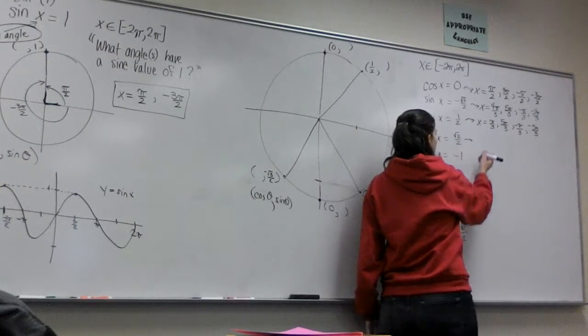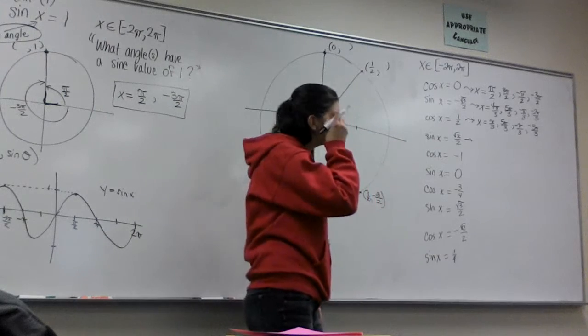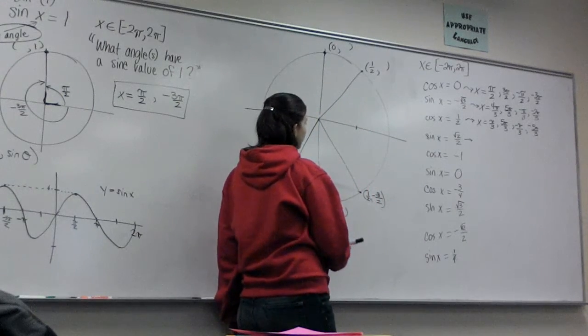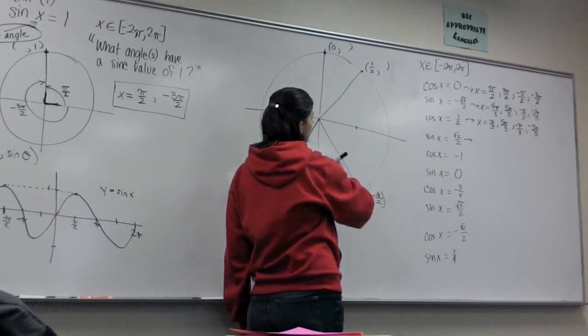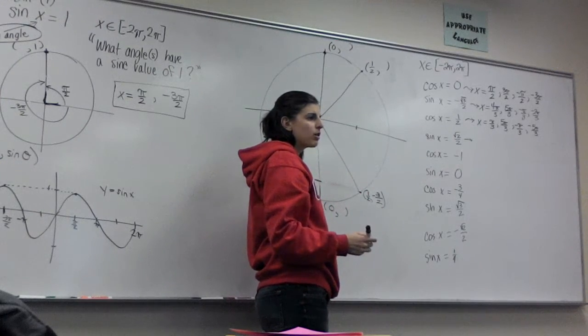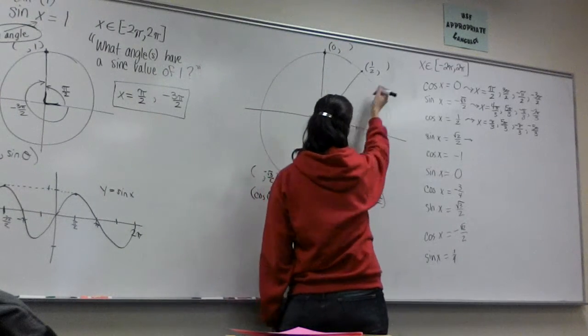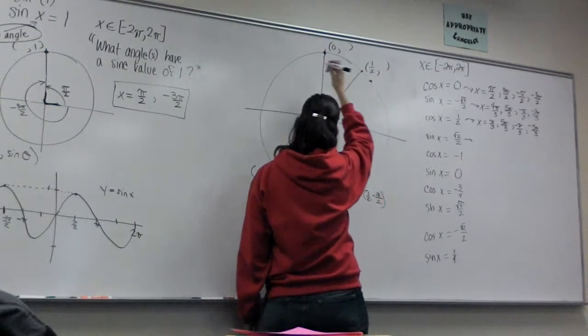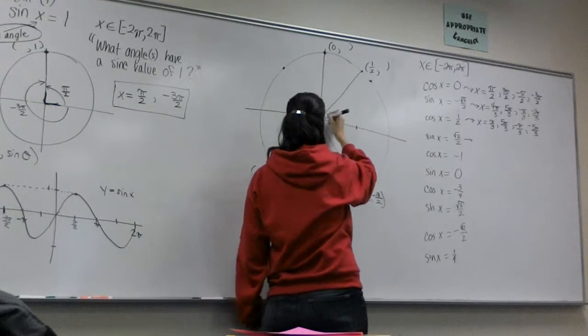All right. How about sine of something equals square root of 2 over 2? Sine is the y value. Sine is square root of 2 over 2. I hope you know by now it's at the pi over 4 odd multiples.